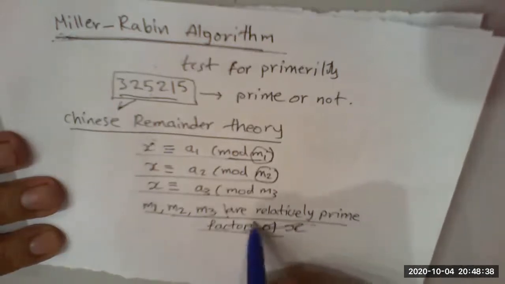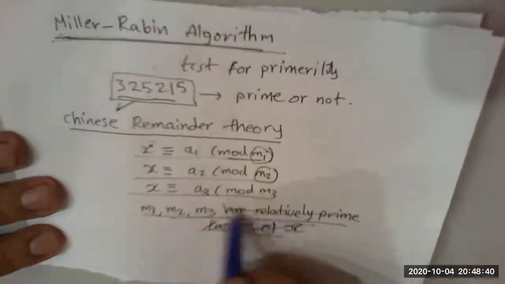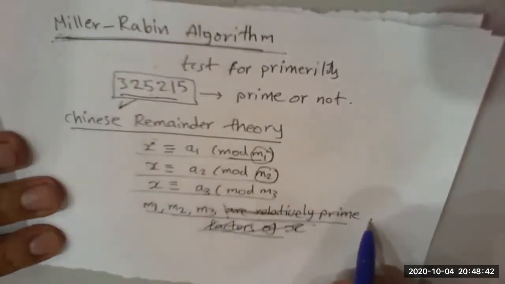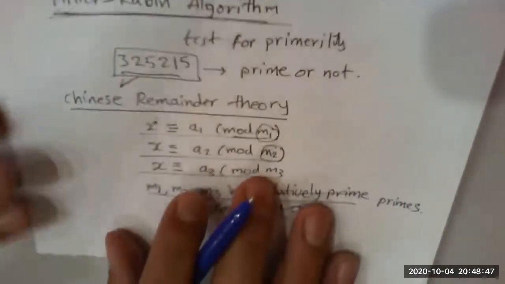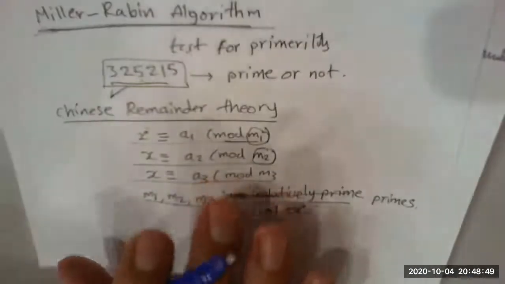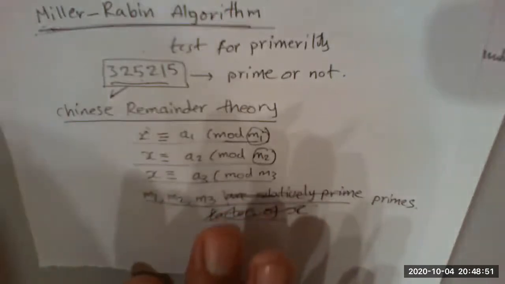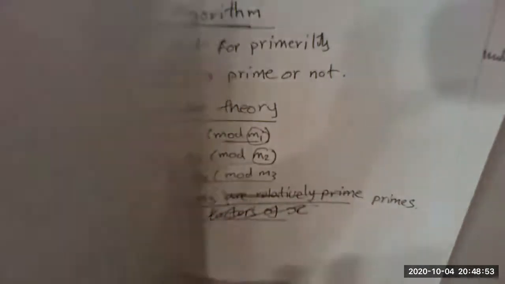We can say, okay, it's better to say they are primes. This is a collection of primes. I will tell you an example right now to give you an overview of this algorithm.